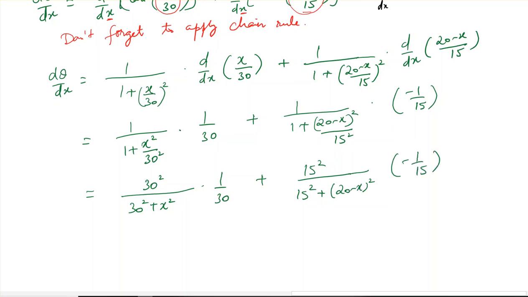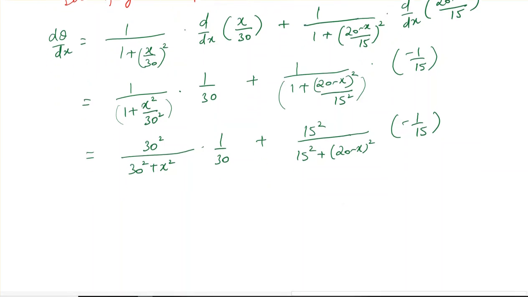Here I simply took the common denominator, added the fractions on the bottom, and did some algebraic manipulation. Here we can see that one set of 30s cancels, similarly one set of 15s cancels, and we are left with 30 over (30 squared plus x squared) minus 15 over (15 squared plus (20 minus x) squared).